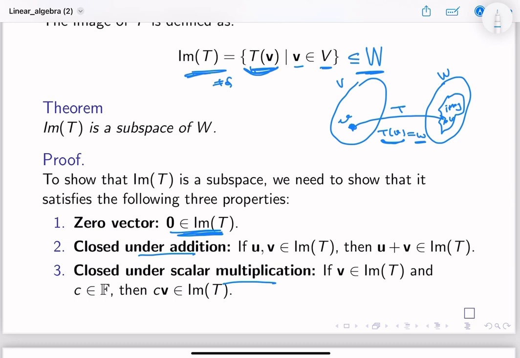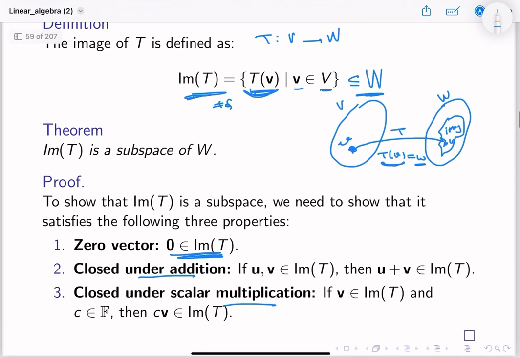So this is how you show that a vector is in the image. Why is 0 in the image? You need to find a vector which gets mapped to 0 by T. If you found that, then 0 is in the image. We've seen previously in this lecture that T of 0 is equal to 0.